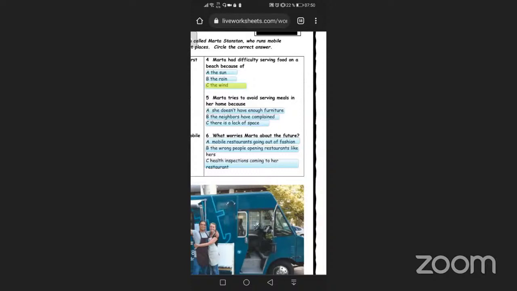No, that's not correct. She was talking about the size of her apartment. There is a lack of space. Yes, because her apartment is not too big, no?